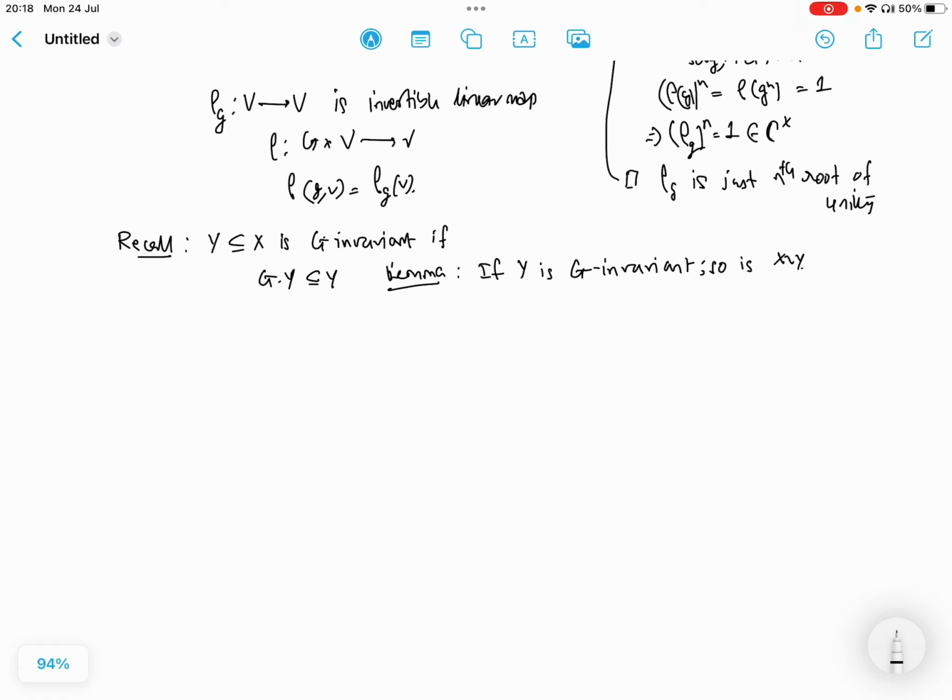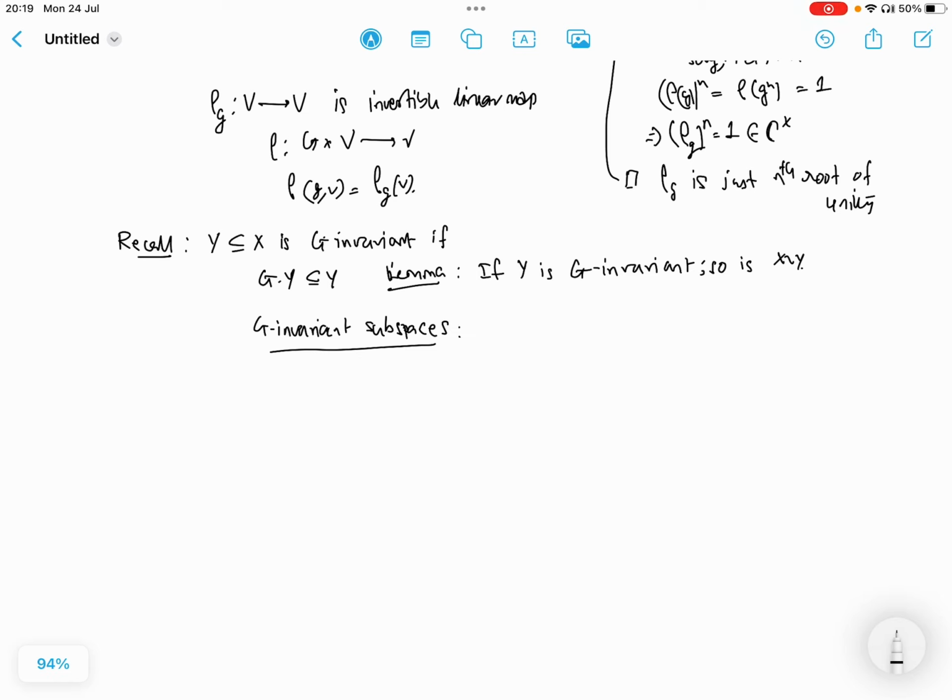You need to take care of things which will preserve the vector space structure, because otherwise it will be of no meaning, right? If you don't respect the vector space structure. So here we define a representation. Here we'll define what are called G invariant subspaces, because naturally we are talking about vector spaces, so we need to take care of this vector space structure.